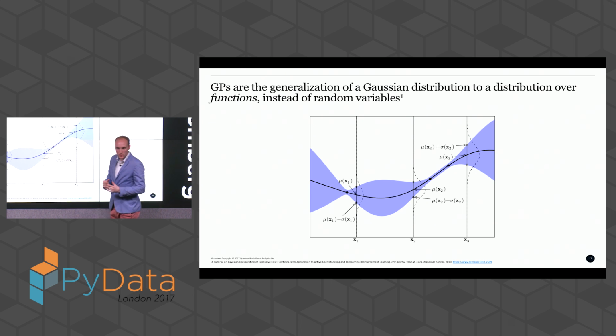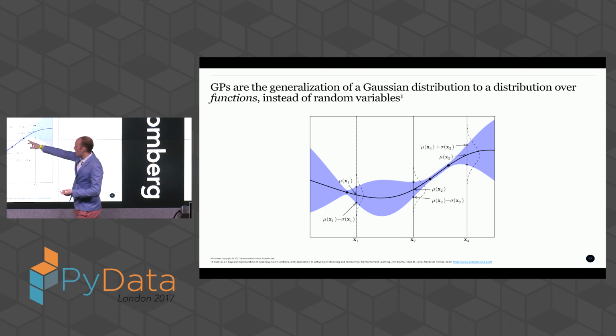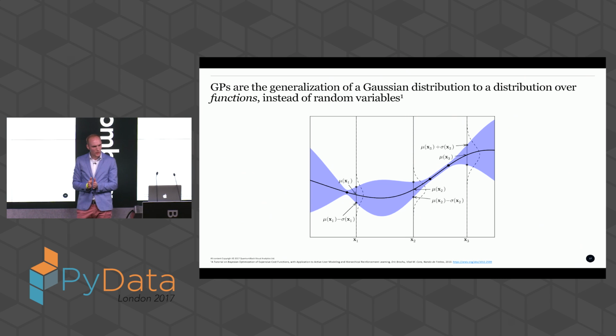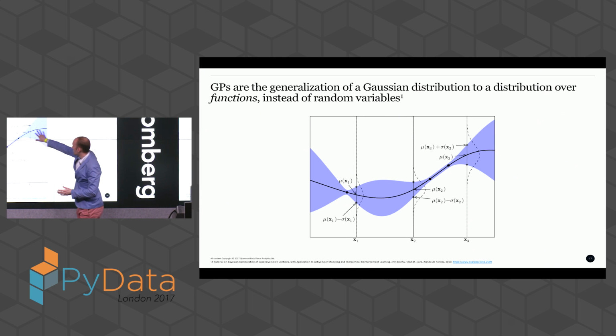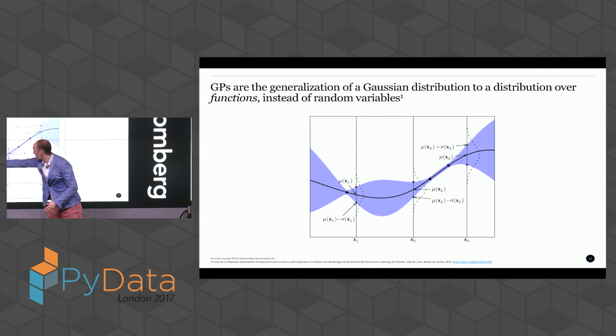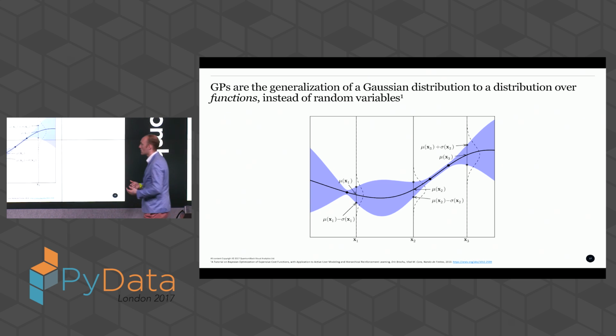The dark circles denote the actual points that we have evaluated. Where we have evaluated the function, we are quite certain about what the value actually is. But in regions where we haven't evaluated anything, so here and here, we are much more uncertain about what's going on, which makes sense, right? We haven't evaluated in that region, so we don't know what's going on.